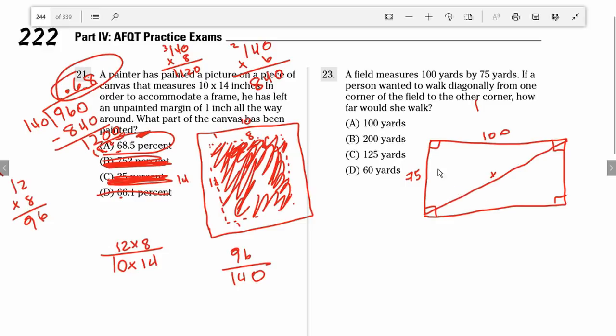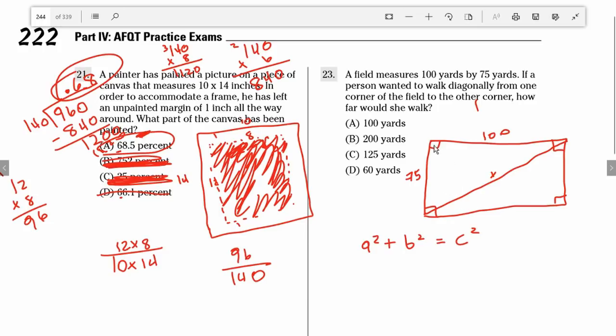When you have a right triangle like this, you can use the Pythagorean theorem to find the hypotenuse, which I denote with the x. Pythagorean theorem is this: a squared plus b squared equals c squared. And again, c is the hypotenuse, the length of the hypotenuse.